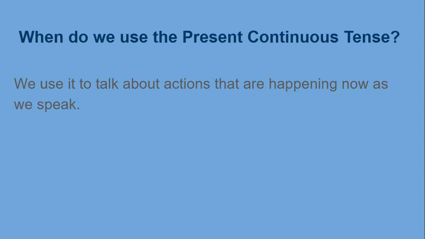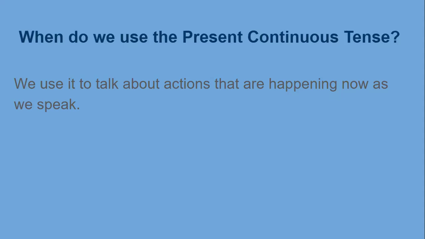Now, just to dissect this explanation a little bit further, right? Just to explain it further. What this means is we use the present continuous tense to talk about the actions that we are doing right now. As in, like, right now, as we are speaking, what action are we doing?